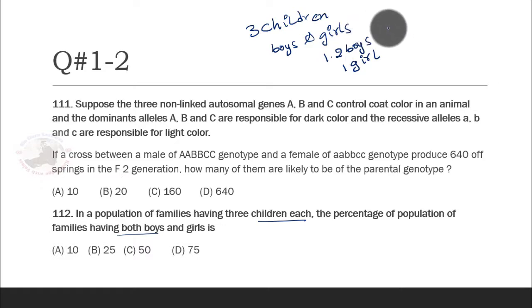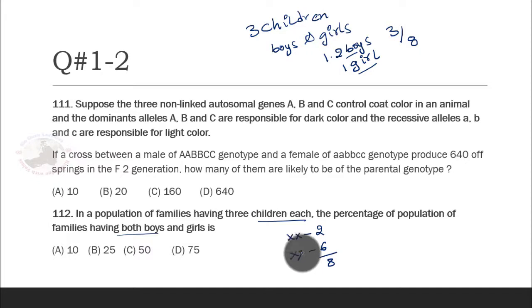Here we have the possibility of 3 children, and as we know the total probability is always 8. How do we find out the 8 here? It's simple. For example, in case of XX, the maximum possibilities of XX in case of 1 girl child will be 2, whereas for the 3 children, the 2 boys will be maximum 6. 6 plus 2 is 8.